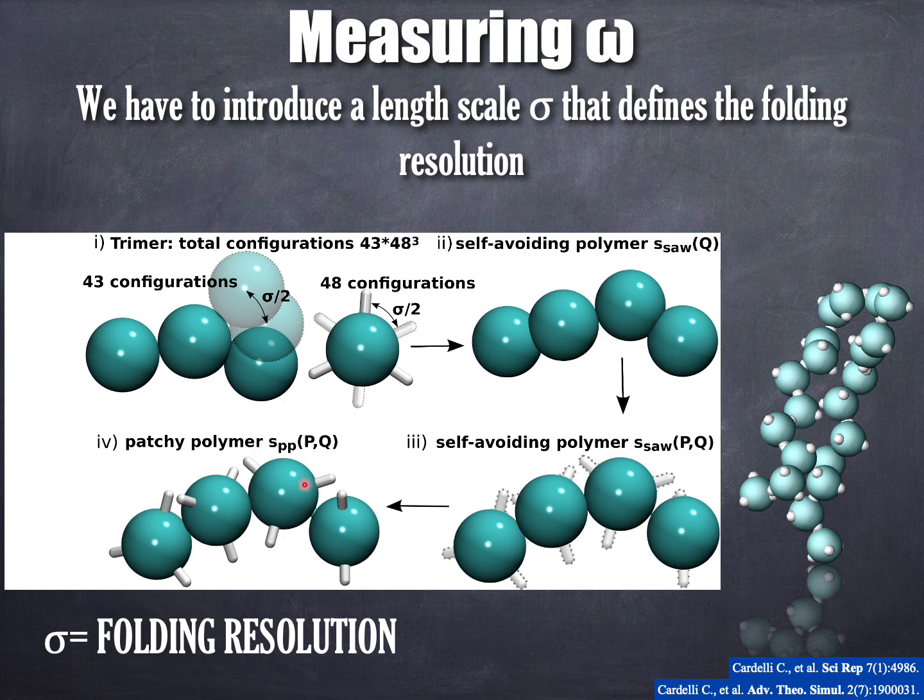Then, by adding the directional interaction as surface functionalization on the particle, we could compute exactly the effect of these directional interactions on the number of states of the system, and hence measure how the directional interactions are key for the designability.